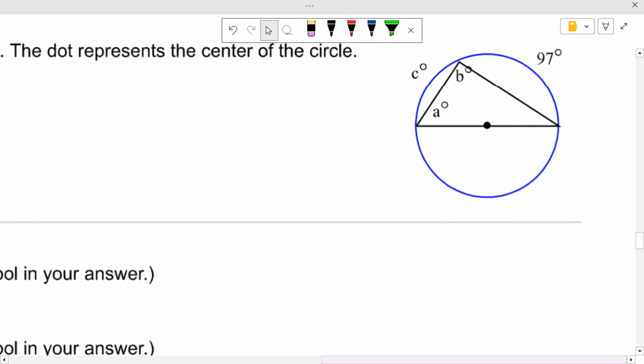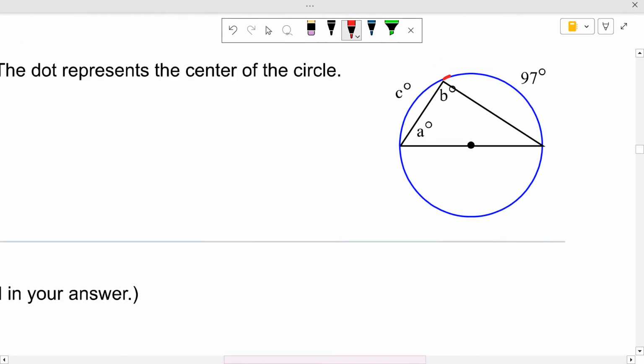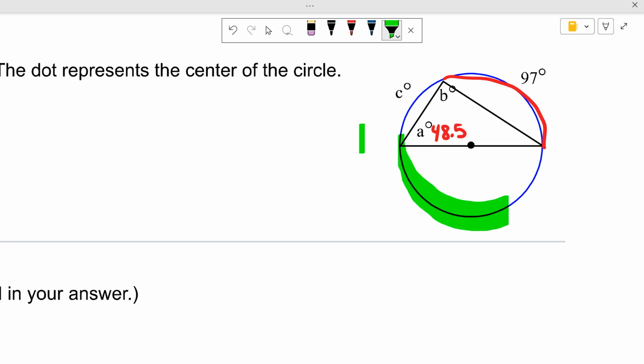Okay, inscribed angles here. If this arc right here is 97, then what's my angle going to be? 48.5. And then there's an arc that's a half a circle. How big's a half a circle? 180.